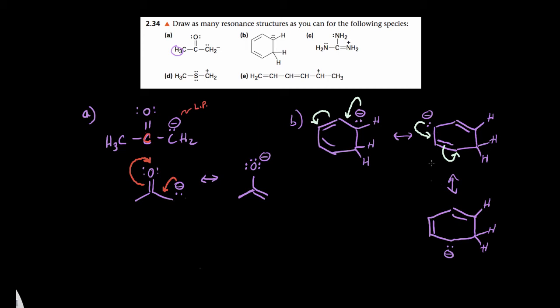This is where the new pi bond is, because this lone pair came in to form this pi bond, and then this pi bond moves out of the way to form the lone pair on this carbon. So these are the three resonance structures that we can draw here. Okay, so let's look at one more, and then I'll let you do the rest on your own.